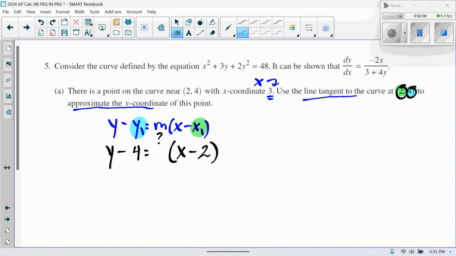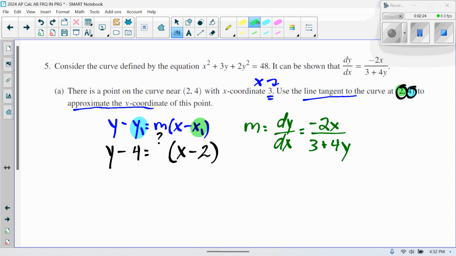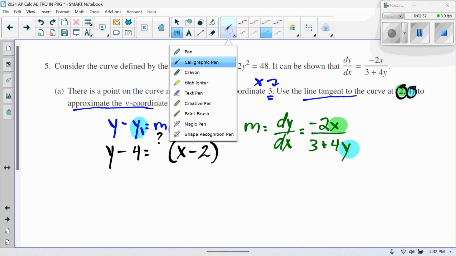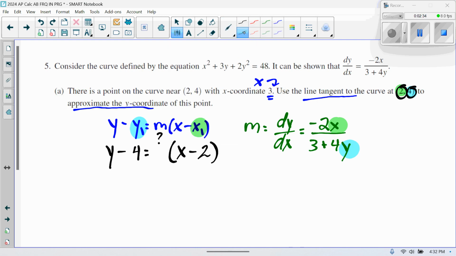Now, I don't have the slope. My slope is just dy/dx, which is negative 2x over 3 plus 4y. Now, yet again, let's not forget, my x is going to be 2, and my y is going to be 4. So let's go ahead and plug those in.